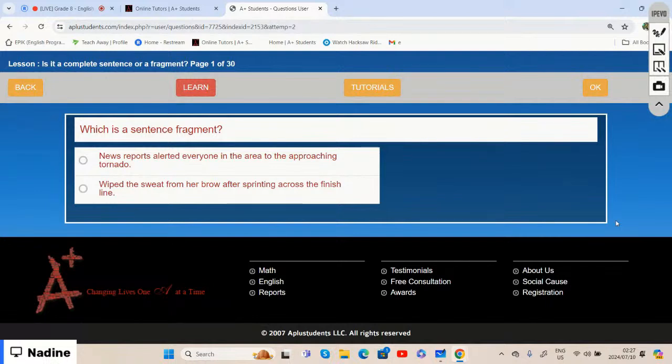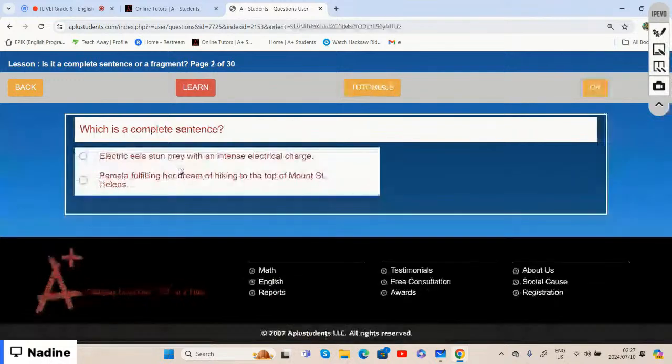All right, then if we were to choose the correct option, which is our sentence fragment, we will choose option two. Wiped the sweat from her brow after sprinting across the finish line. They're not saying who or what wiped the sweat from her brow after sprinting to the finish line.